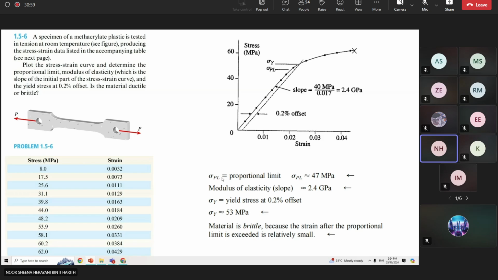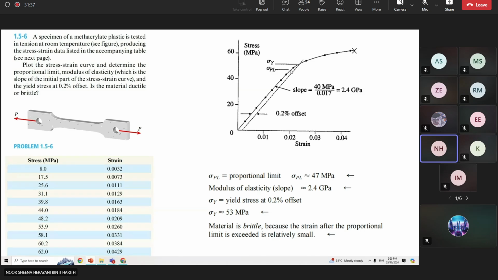You know the meaning from the theory we discussed in class. The proportional limit is the maximum stress before reaching the yield point, where the linear part of the curve ends. Look for the point that is no longer in a straight line.